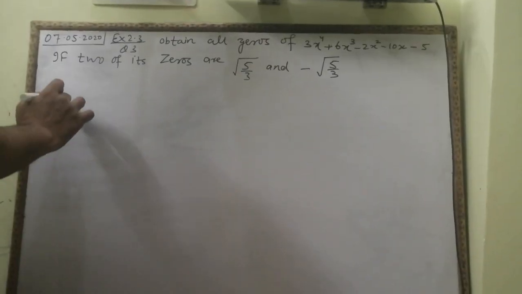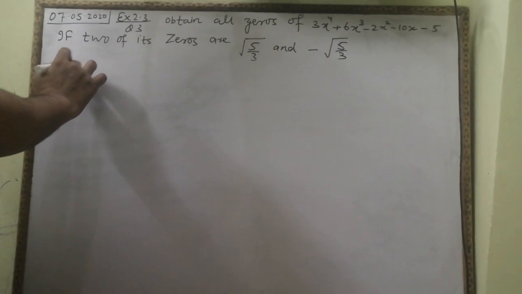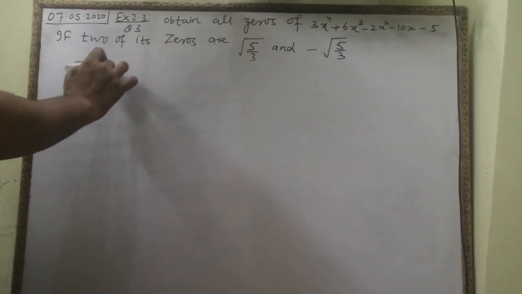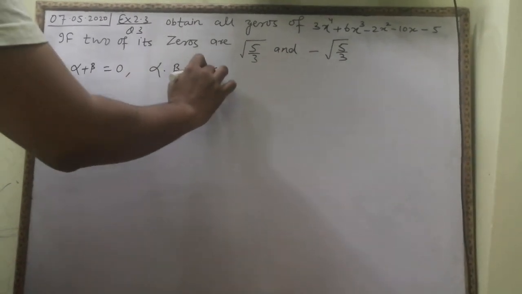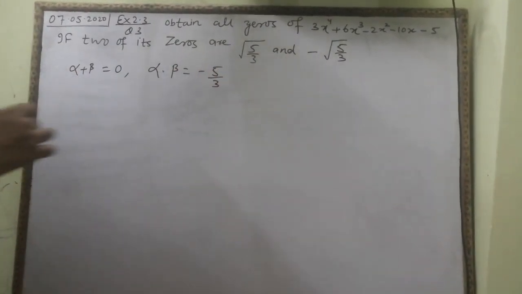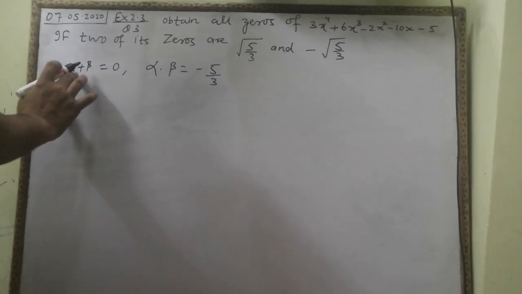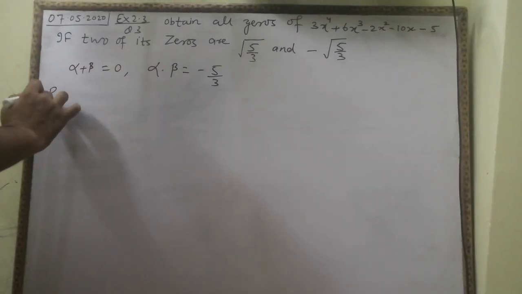As we have seen, alpha plus beta is equal to 0 and alpha into beta is equal to minus 5 by 3. Now with the help of this we will find the quadratic equation.